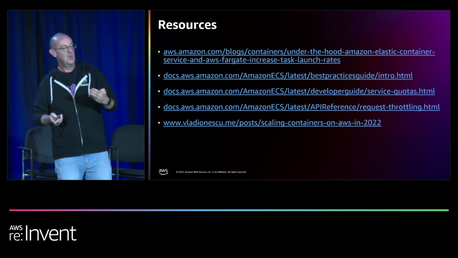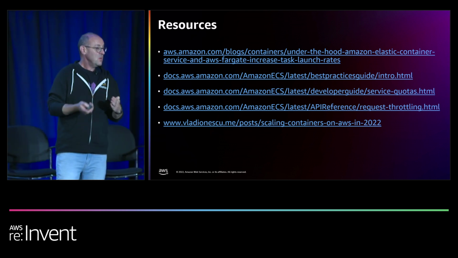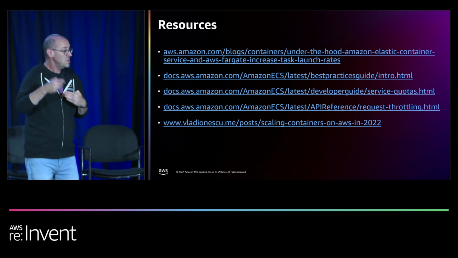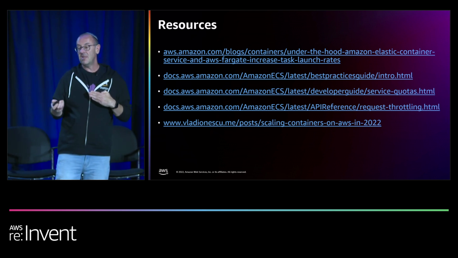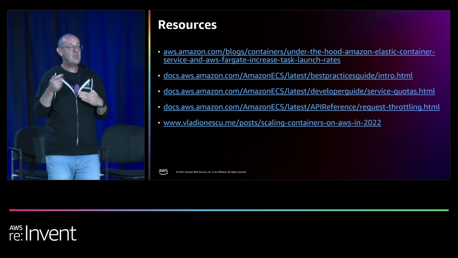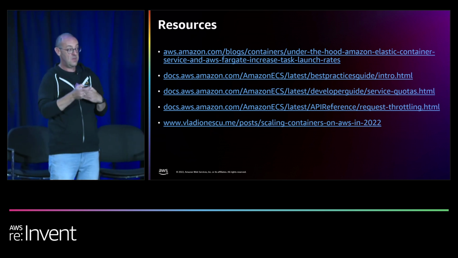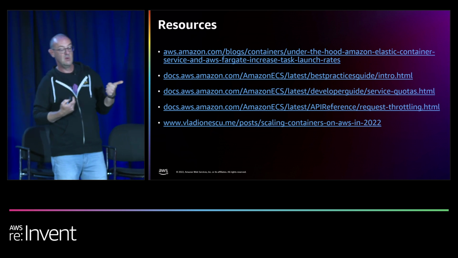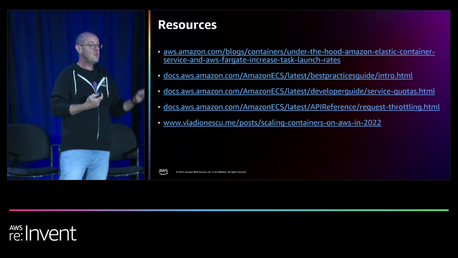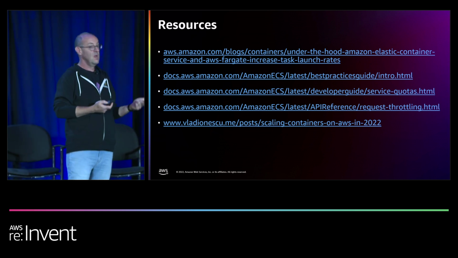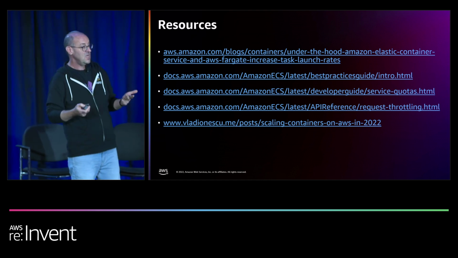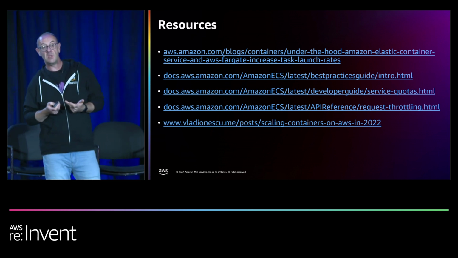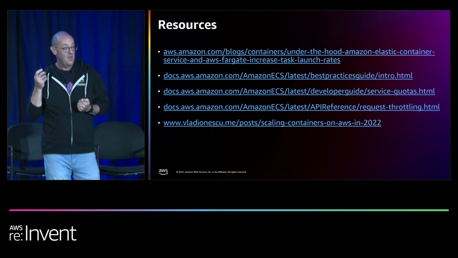The interesting thing in this blog post is that all of these improvements, which you see over time based on the data he has collected, have been done without you, the customer, having to do anything. It's all work we've been doing in the background to make things simpler for you, so you don't have to worry about things like provisioning EC2 instances and all the other things we take care of for you through the service.